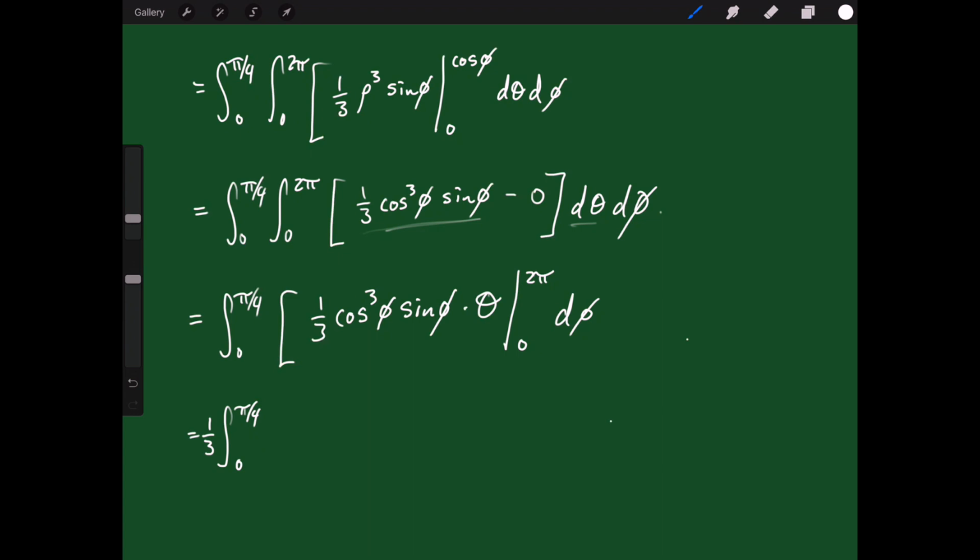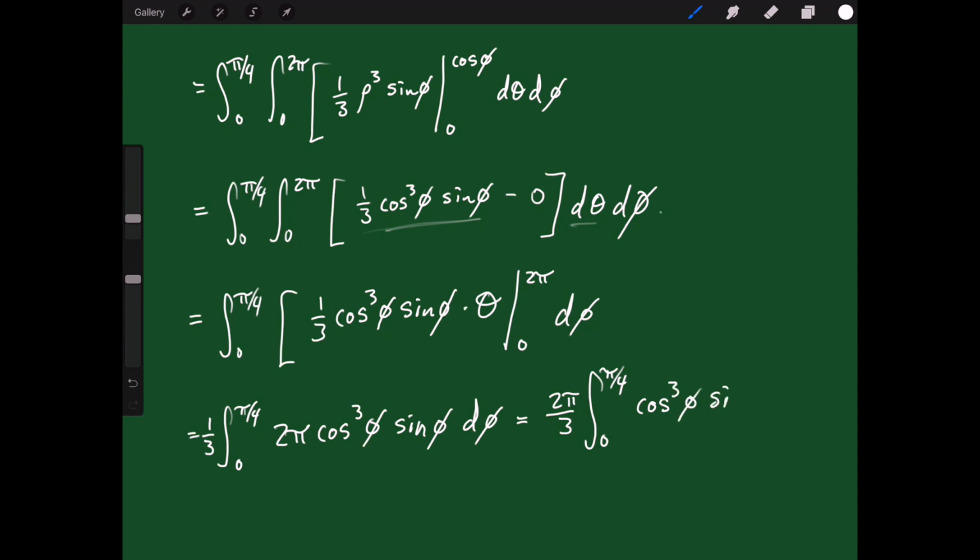Let's do it. And then I get 2 pi times cosine cubed phi sine phi minus 0, so that's it, d phi. I could pull that 2 pi out of the integral if I wanted to. I do. So I get 2 pi over 3 integral 0 to pi over 4 of cosine cubed phi sine phi d phi.